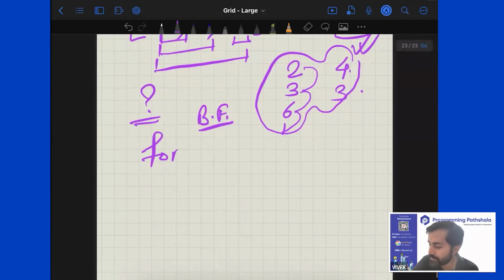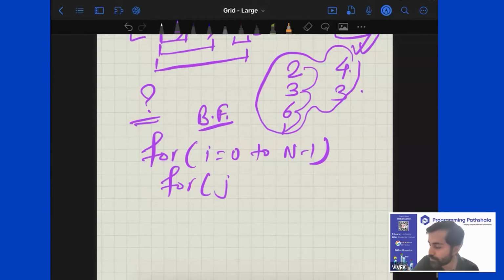You can write a nested loop. i goes from 0 to n minus 1 and j goes from i to n minus 1, right? So this is your starting index and this is your ending index. And then for all the subarrays, you can just compute the sum and keep on adding those sums, and that is how you'll get your answer. So this approach will cost you n square.